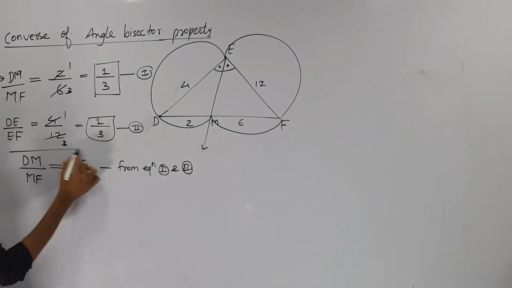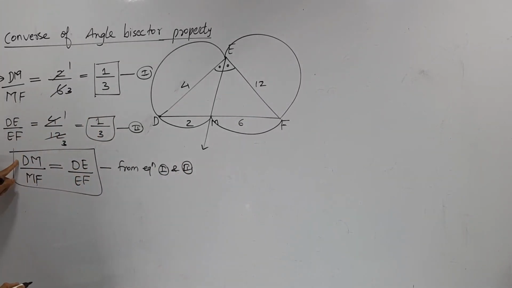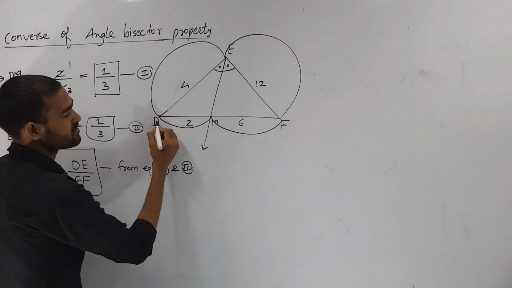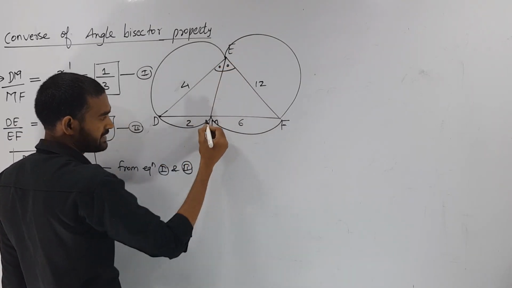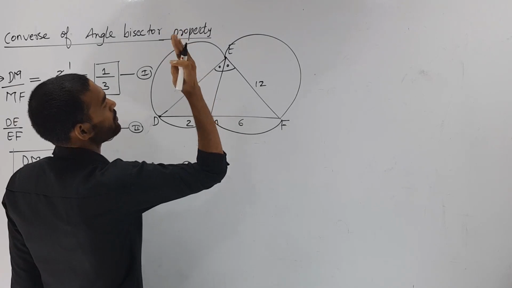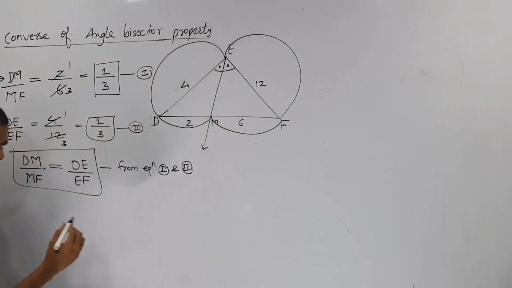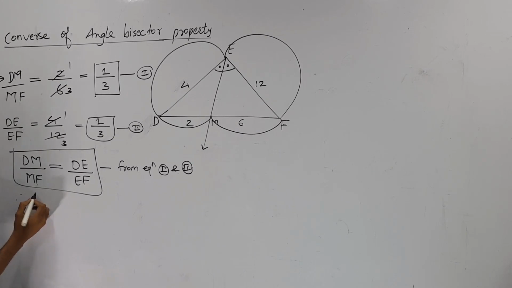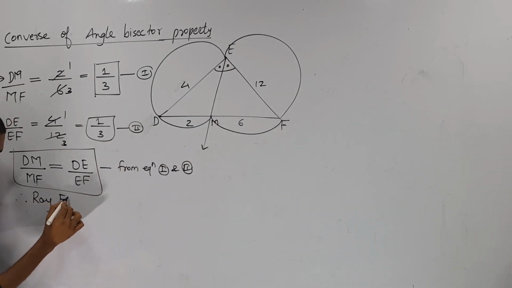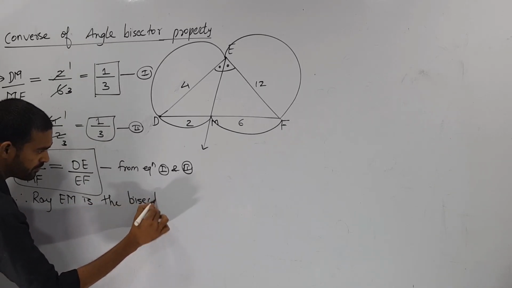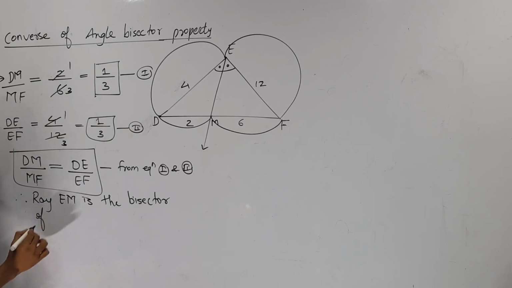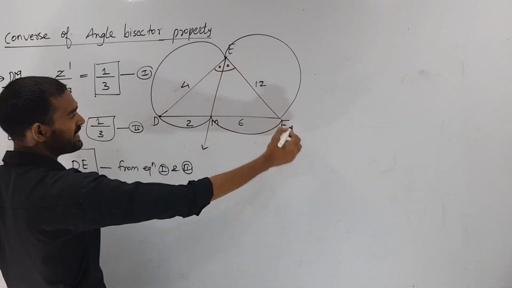Clear, students? Now what do we know? We know that both the ratios are equal. Since ratios are equal, therefore this ray EM is the bisector of the given angle. Ray EM is the bisector of angle DEF.